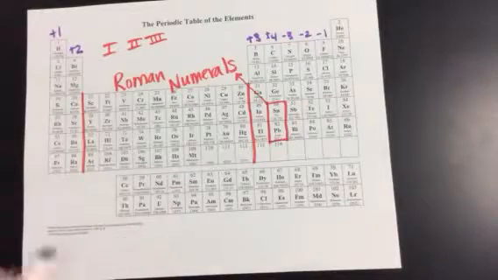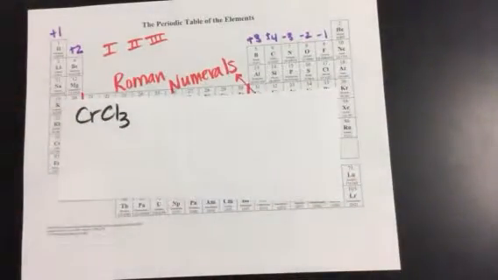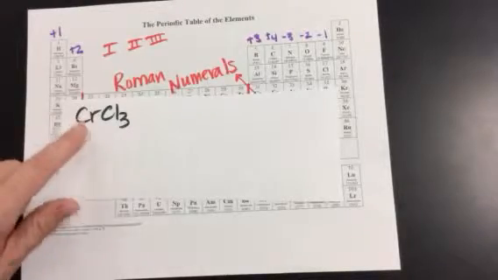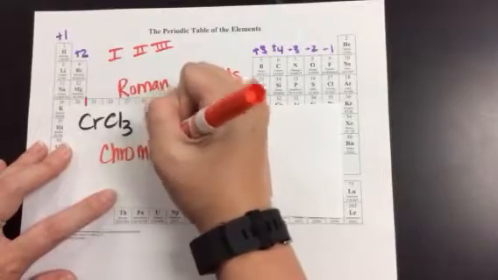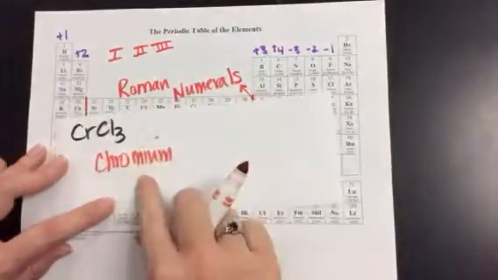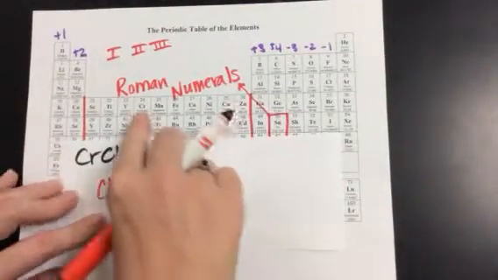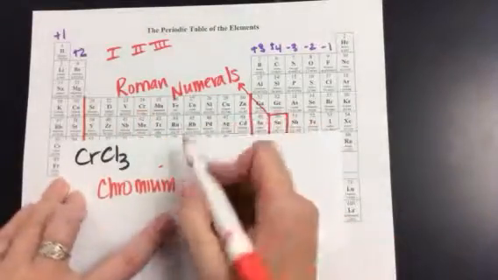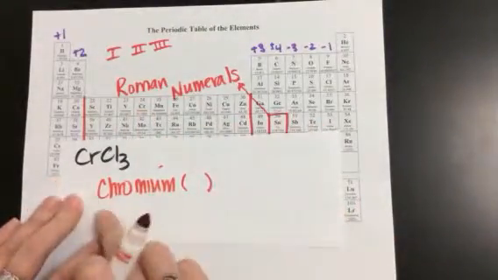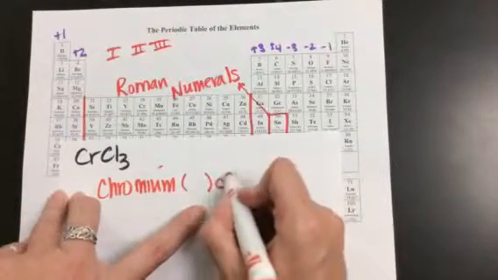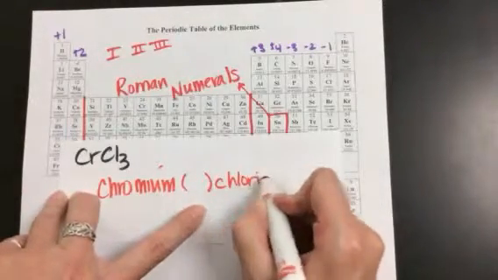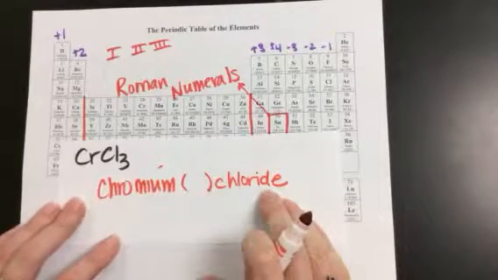When you have the formula and you need to figure out the charge of your metal, it takes a little bit more work. So Cr is chromium. For my chromium here, this is a transition metal, it's right here. So I need to use Roman numerals to tell the charge of the chromium that was used to swap and drop with my chlorine, which becomes chloride as an anion.